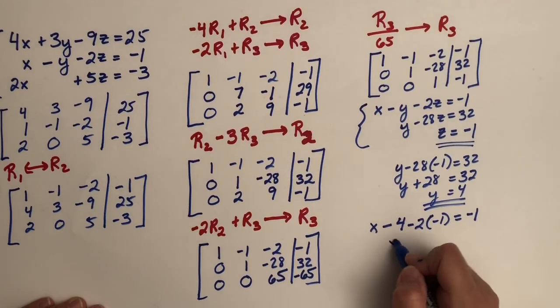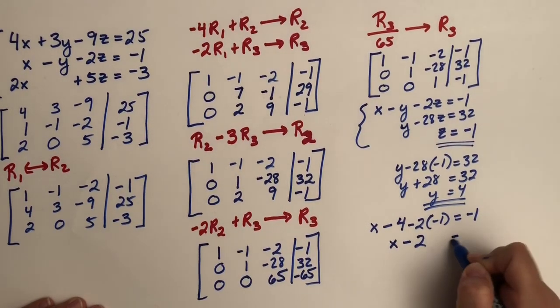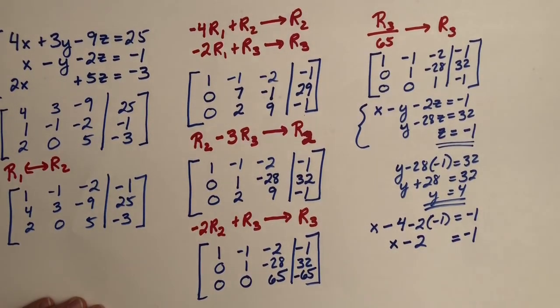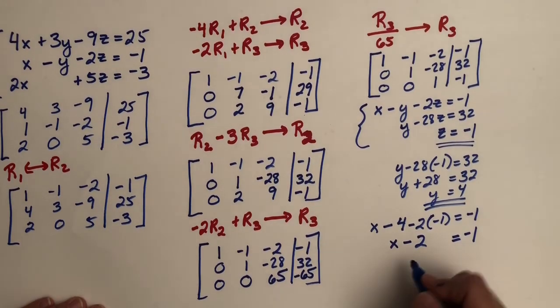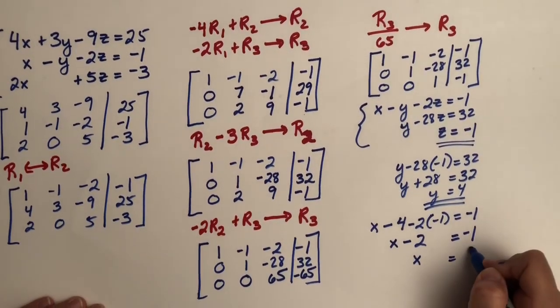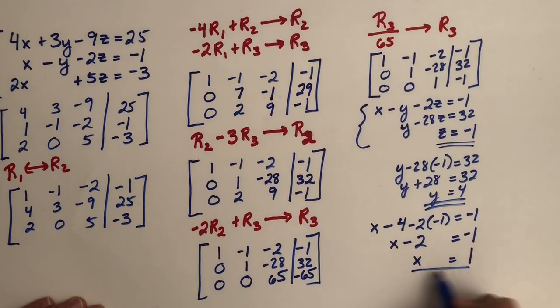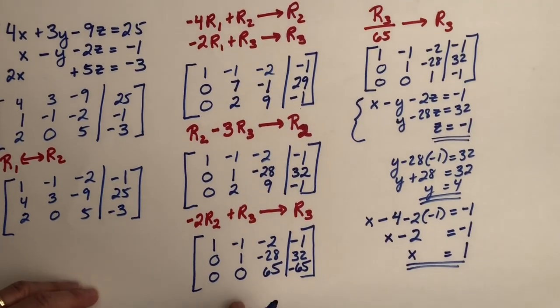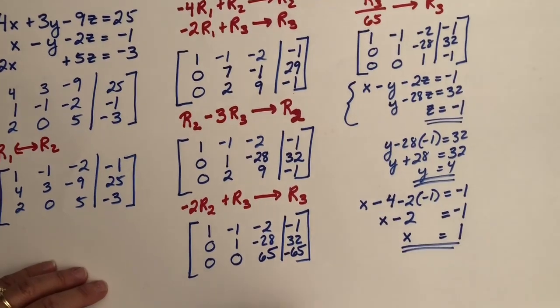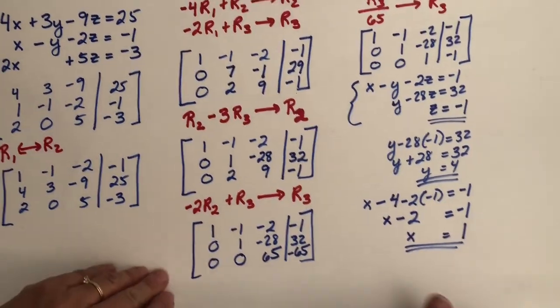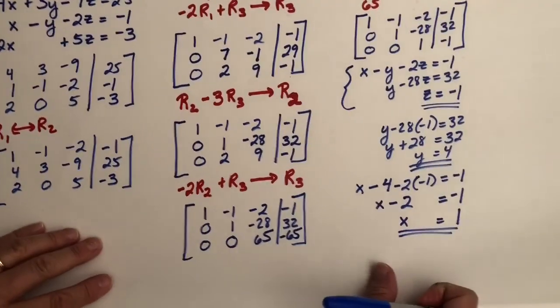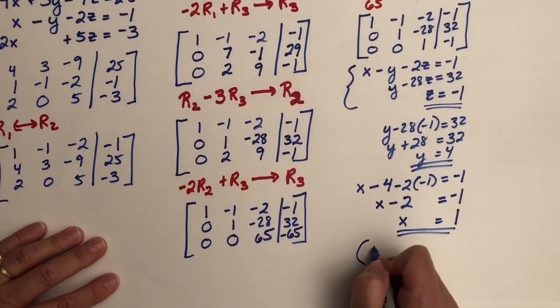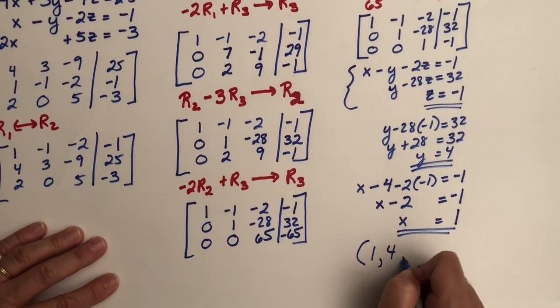Negative 4 plus 2 is negative 2. And we add 2, and we get a positive 1. So now we can see our solution to our system. The solution to this system over here is the ordered triple 1, 4, negative 1.